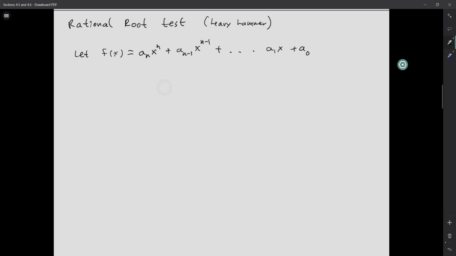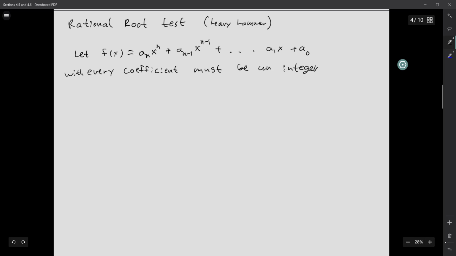And the rule for this is every coefficient must be an integer. You can get away with it if you have rational numbers as coefficients, because what we're doing is we are setting it equal to 0, and so we can freely multiply by a common denominator and force every coefficient to be integers. But this is the setup of the theorem, and so we can't really stray from that.